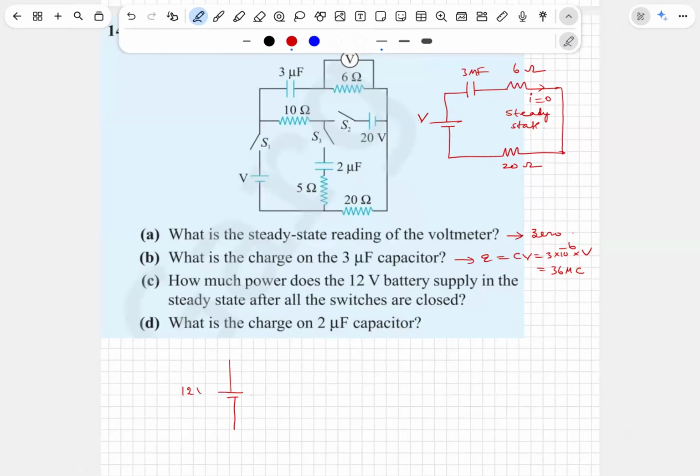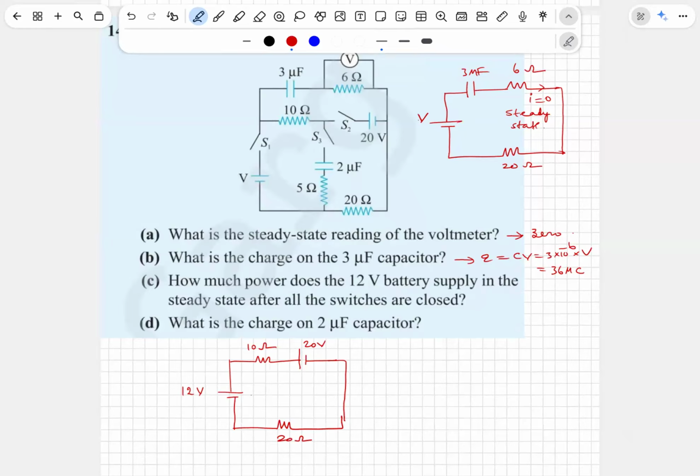12 volt, 10 ohm, 20 volt, 20 ohm. Net EMF is 8. Total resistance is 30.